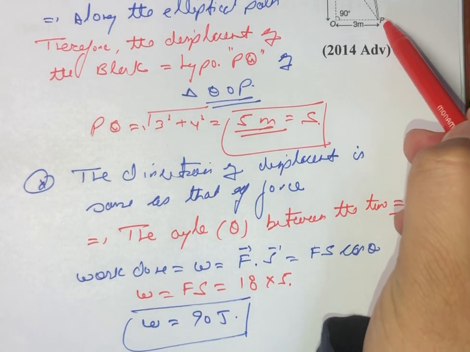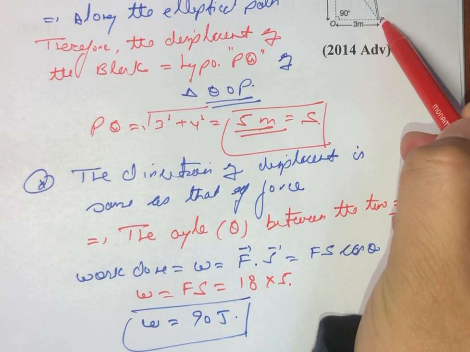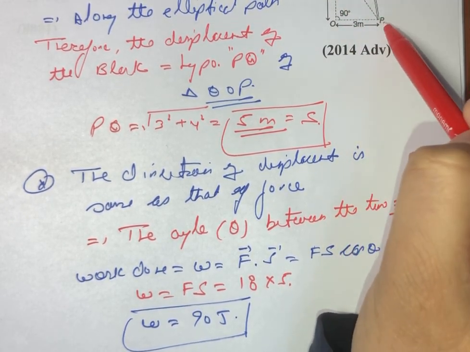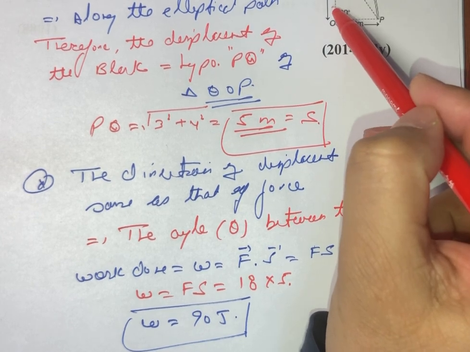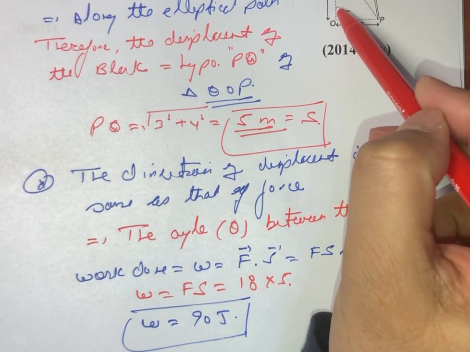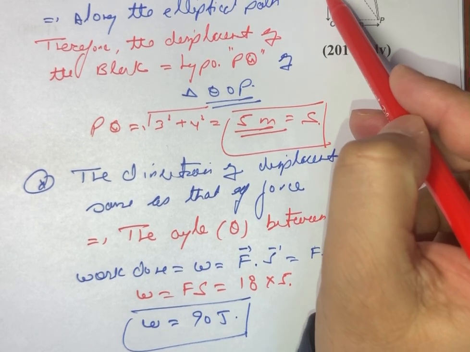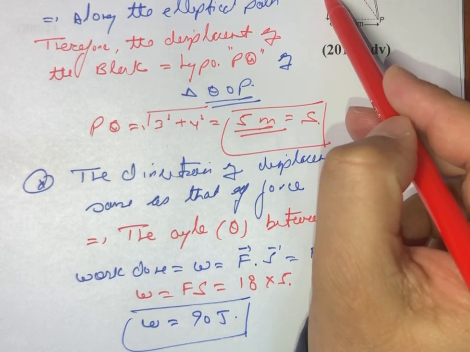Now, as the block is moved from point P to point Q, the height which is traversed by the block is 4 meter. Therefore, the potential energy gained by the block will be mgh, where mass is 1 kg, g is 10, and h will be 4 meters.